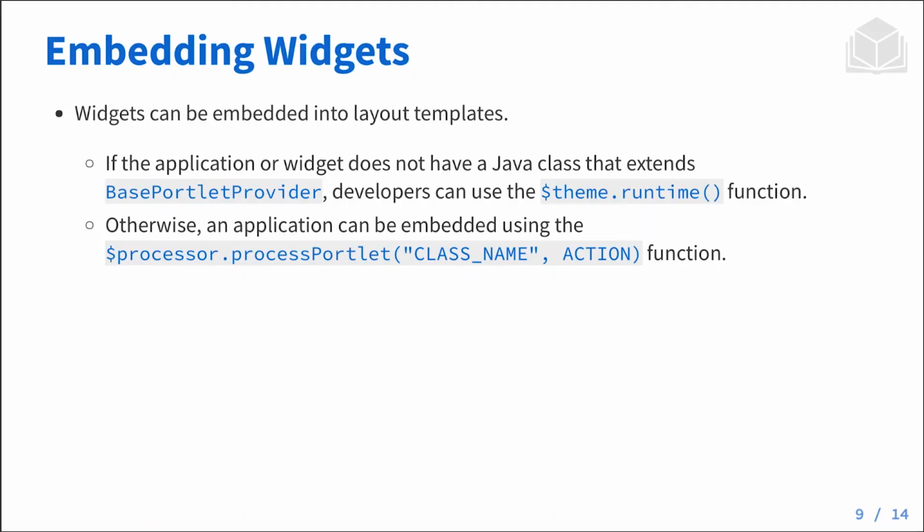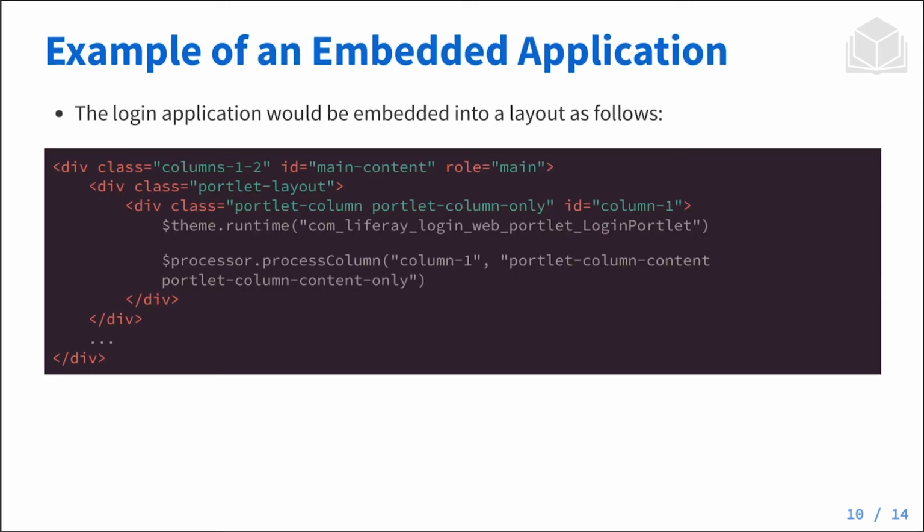This is something you could do using the theme runtime function, and then you just need the ID. Or you can use processor.processPortlet, where you can identify the class name and the action for whatever widget you want to have displayed. Here's an example of using the theme runtime method to embed the login widget. We simply have theme.runtime, and then we have the ID of the widget we want to embed.